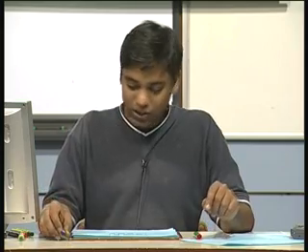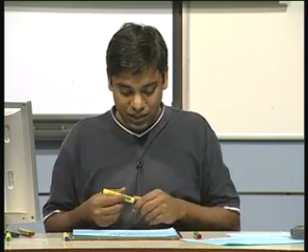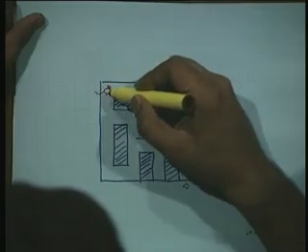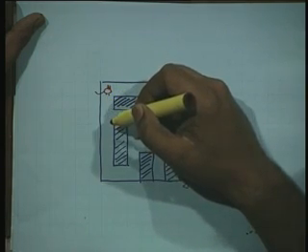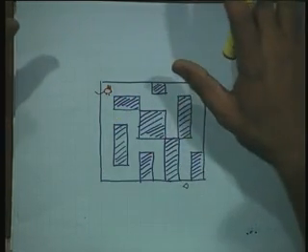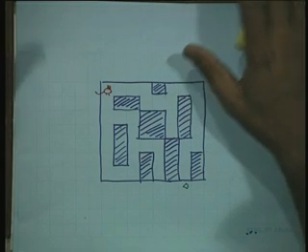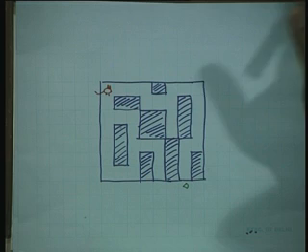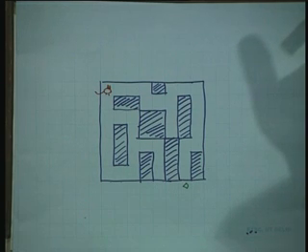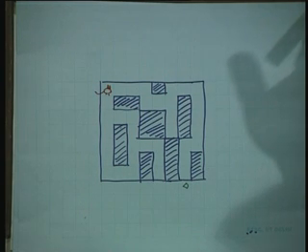What this mouse is going to do, as all other mice would, is go off in one direction and try to explore that path fully, and if it is not able to get to the cheese, it is going to try and backtrack.